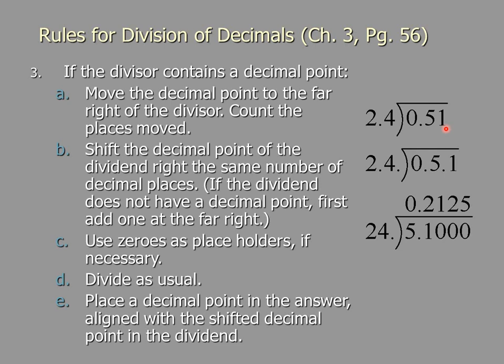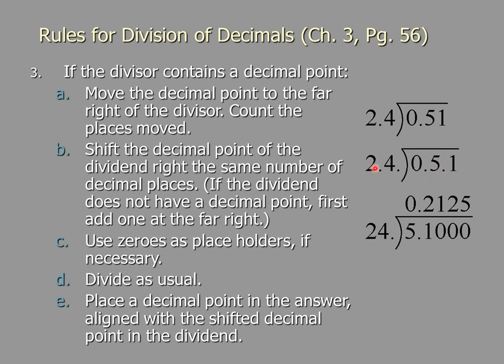But you cannot just move the decimal point in the divisor. You have to move the same number of decimal places in the divisor and dividend both. So what we did here is, look at this. We moved the decimal point from here to here, and similarly we moved the decimal point from here to here, one position.